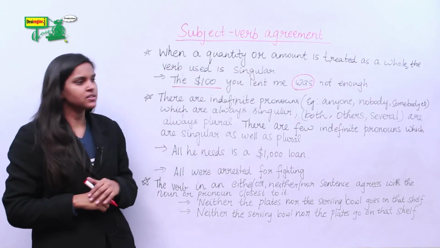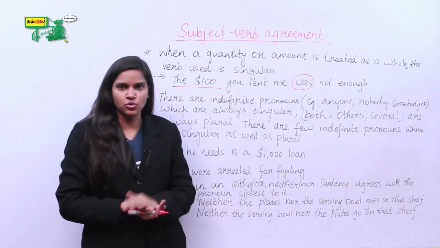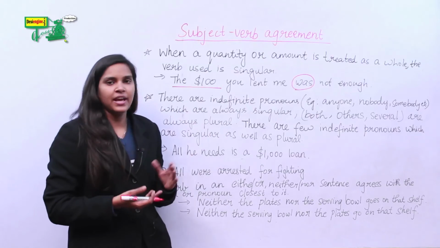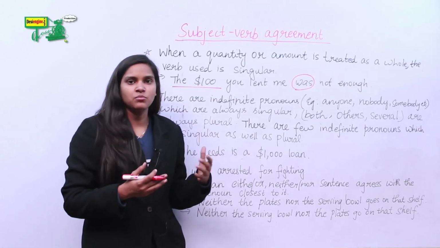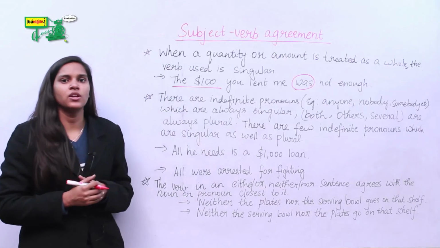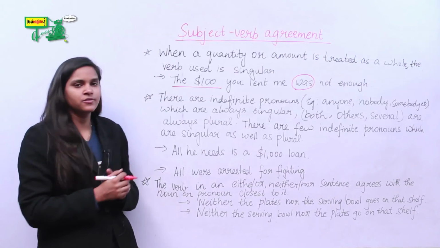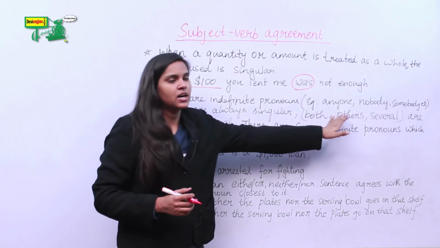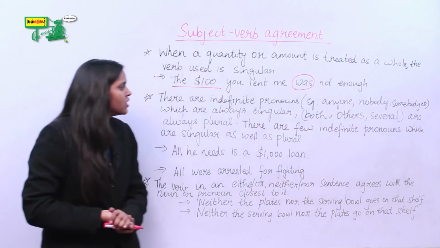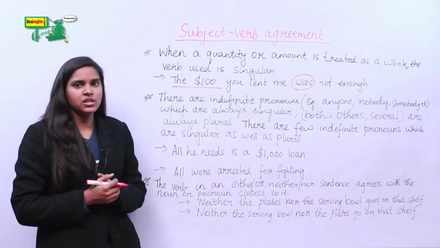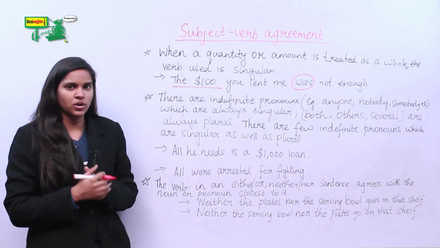The next rule is, there are indefinite pronouns, for example, anyone, nobody, somebody, which are always singular. Therefore, they take up singular verbs. And then there are indefinite pronouns, both, others, several, which are always plural. Therefore, they take up plural verbs.